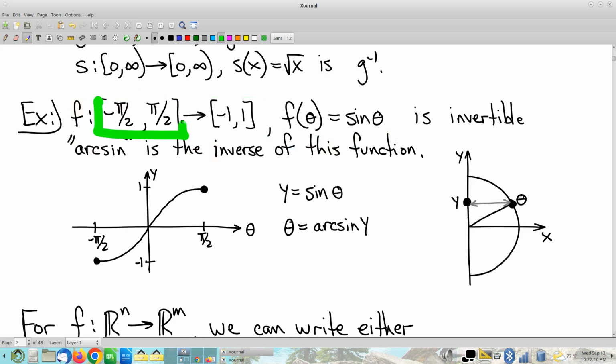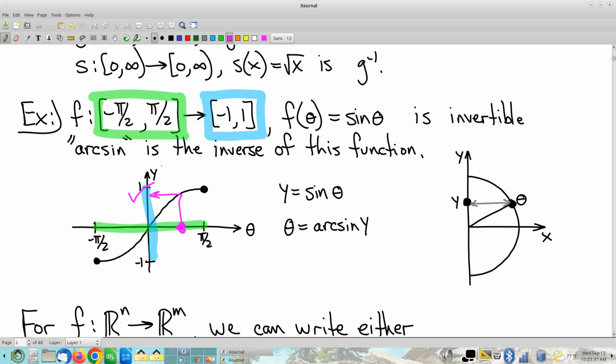notice I've restricted the domain to being just these values of theta, and then I've restricted the target to being just these output values, right? And now notice for every input value, there is exactly one output value, and furthermore, for every output value, there is exactly one corresponding input value.